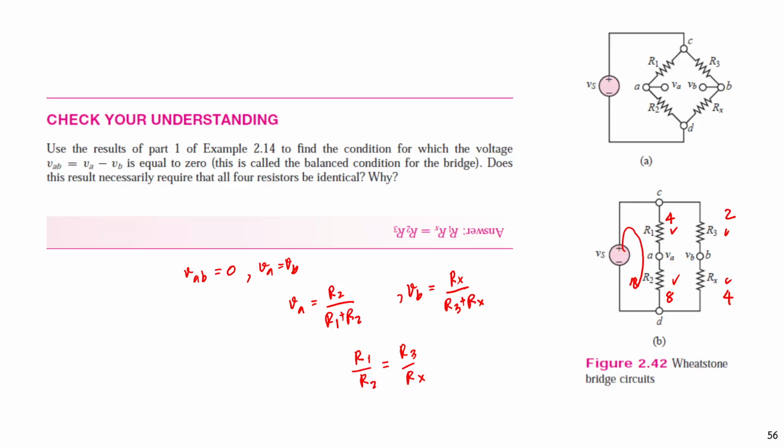This ratio holds when A and B are equal. We call this a balanced bridge circuit. It will be balanced like this, or maybe 1 and 2, or any value that makes this equation true, but the ratio will be the same.